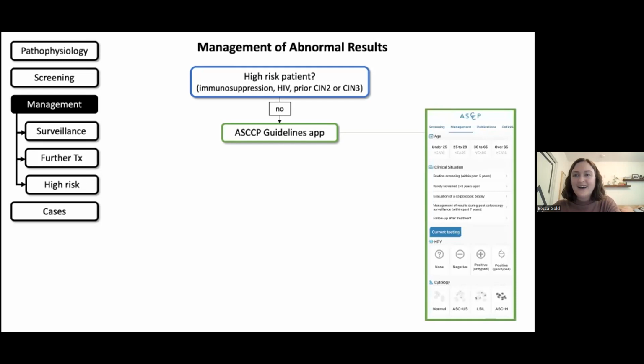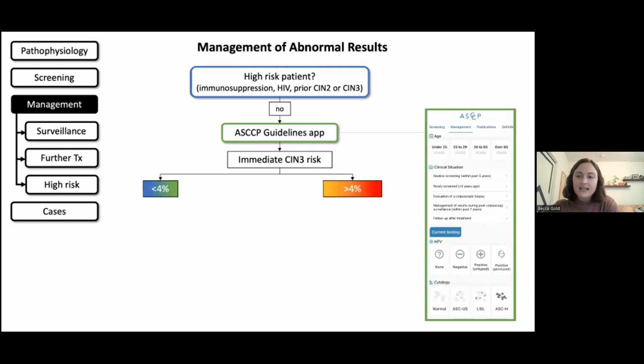So I think it's sort of nice based off our last talk on lipids, you can think of this as almost like an ASCVD risk score. You put in the information you have and it tells you what the next step should be. And these guidelines are based on the principle of equal management for equal risk. So they follow this risk-based rather than a results-based approach to determine the best next steps of management. And specifically, they ask the question of what is a patient's immediate risk of CIN 3+.